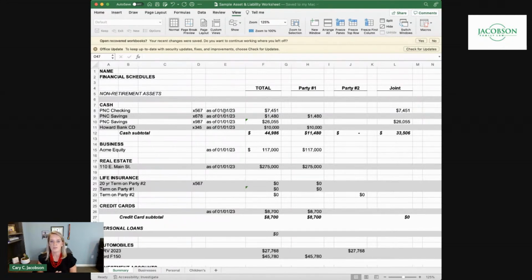So all of these are valued as of the same date. This is just a snapshot in time. And so these totals will add up to be everything in this line.